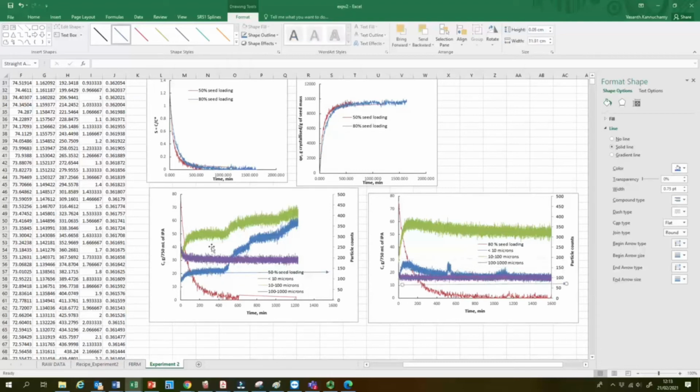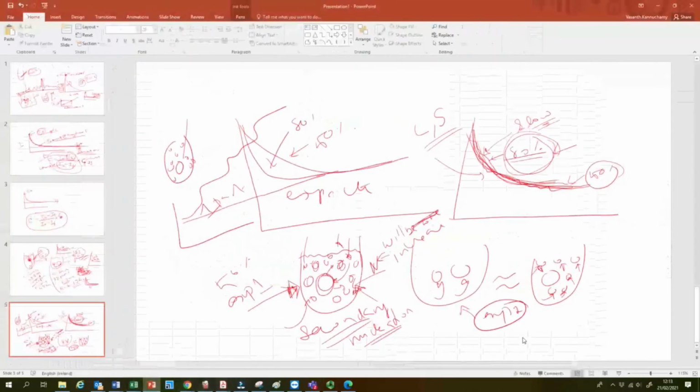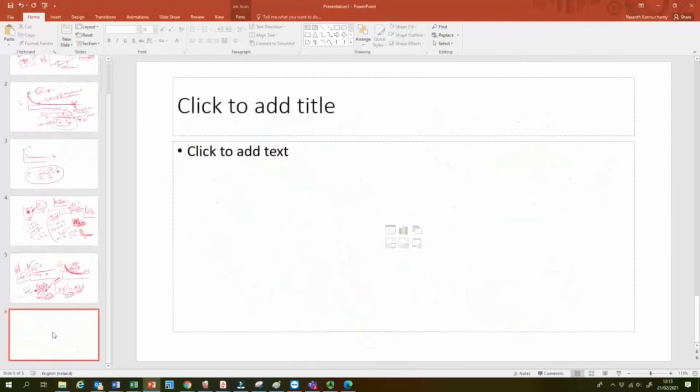And then if you look at both the images, I don't know whether the Panopto can capture the arrow. If you look at both experiments, you can see a small sudden increase during the early stage in the FBRM. Let me draw it in.